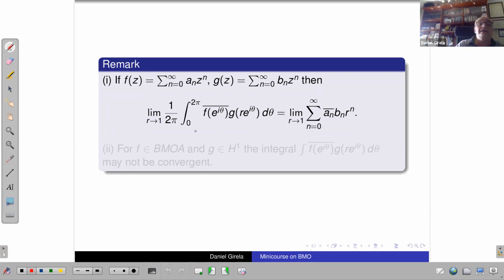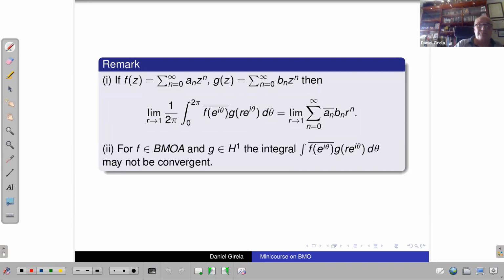The second remark is that the duality theorem says that this limit exists, but if f is in BMO and g is in H1, one could think that this integral actually converges, or if you prefer, that the series of a_n times b_n bar converges, but this is not true. This integral may not converge if f is in BMO and g is in H1.